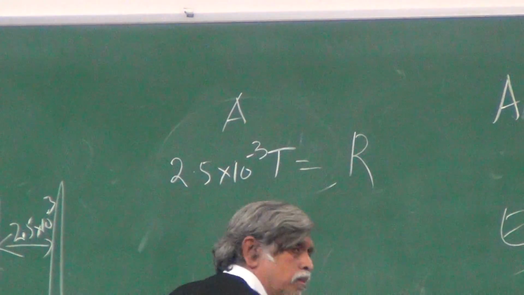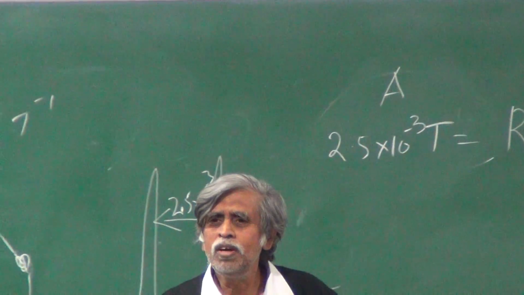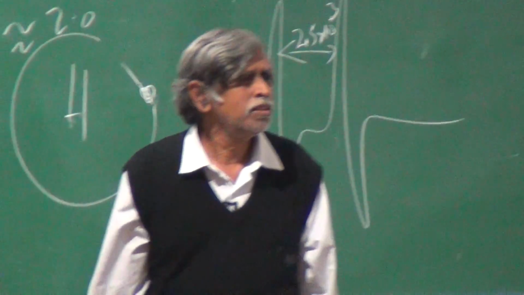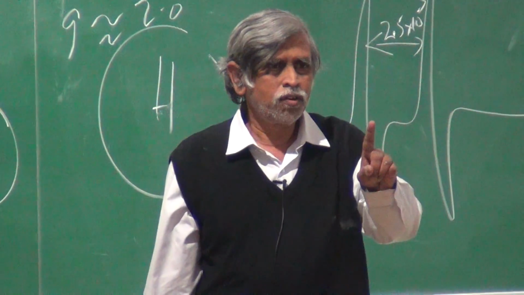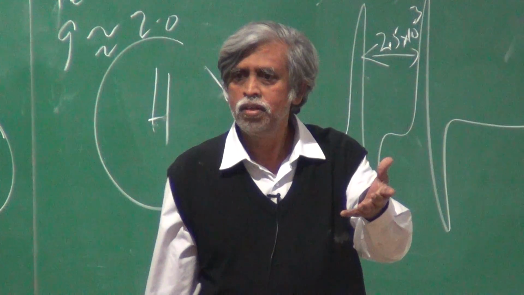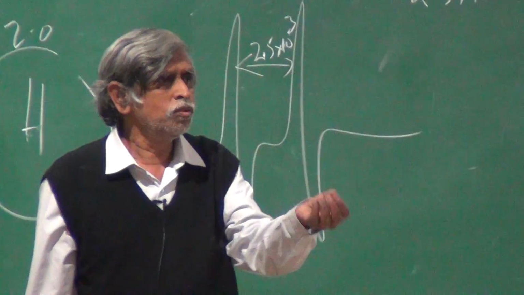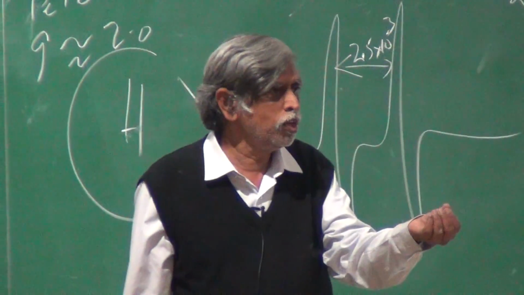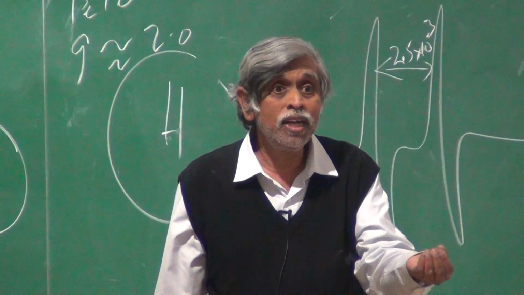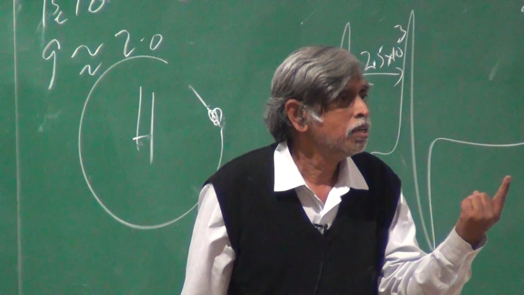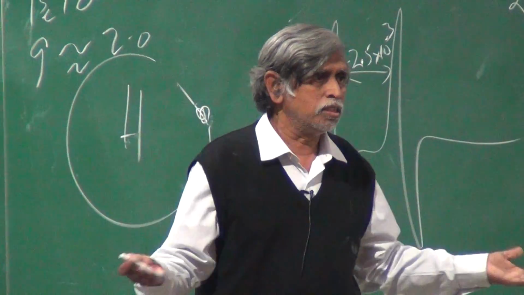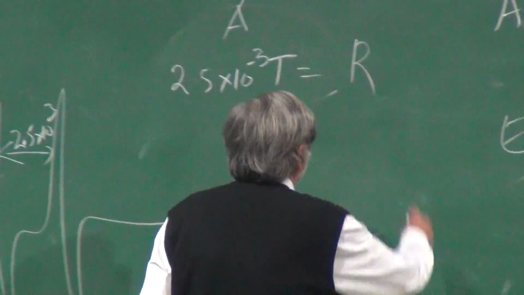I don't know R. But what is the electron density in hydrogen? There's only one electron. And where is the one electron? It's on the hydrogen. So for this atom, I know the electron density is 1. The electron is spending its time on hydrogen, and therefore rho has to be equal to 1.